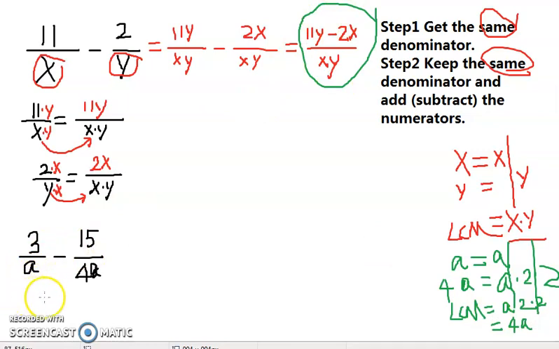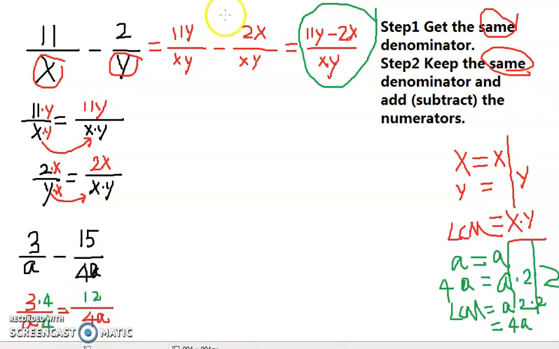We're going to go back to the problem. First thing, we want to change the 3 over a to the denominator of 4a, 4 times a. And by looking at the denominator a, we can see that if we multiply by 4, a times 4 is 4a. And the top, we're going to do the same thing. 3 times 4 gives us 12.